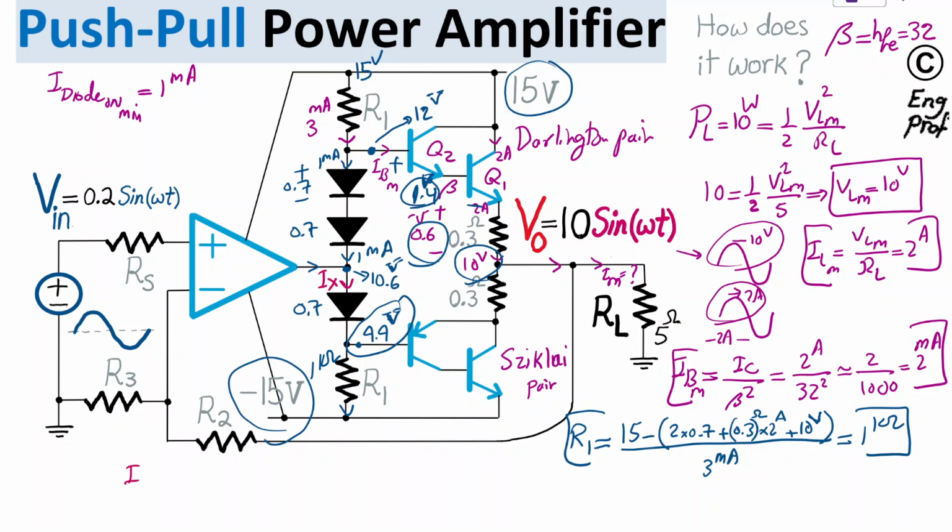So IX is equal to 9.9 minus negative 15 divided by 1 kilo ohm R1, which becomes roughly 25 volt divided by 1 kilo ohm. So roughly 25 milliamp. And 1 milliamp is coming from the top, IX is 25. Therefore, the maximum current that comes out of the op-amp is 24 milliamp.